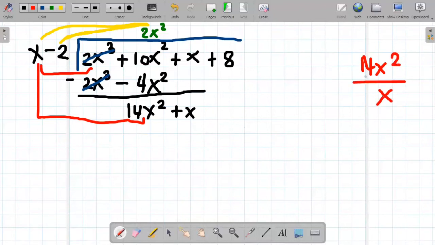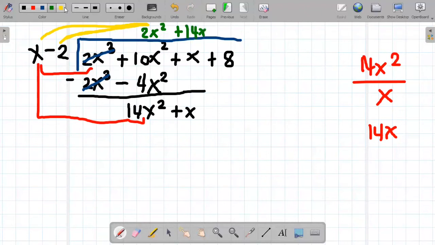In this case, you have 14 divided by 1, so 14 divided by 1 is simply 14. X squared divided by x: again, subtract the exponent. 2 minus 1, so x squared divided by x is simply x. So 14x is your answer. You write this one above. That's positive 14x.